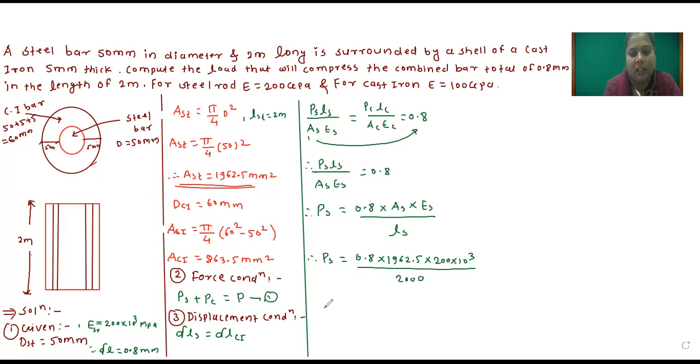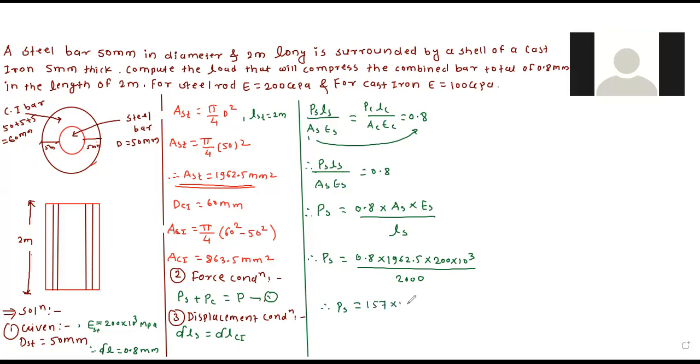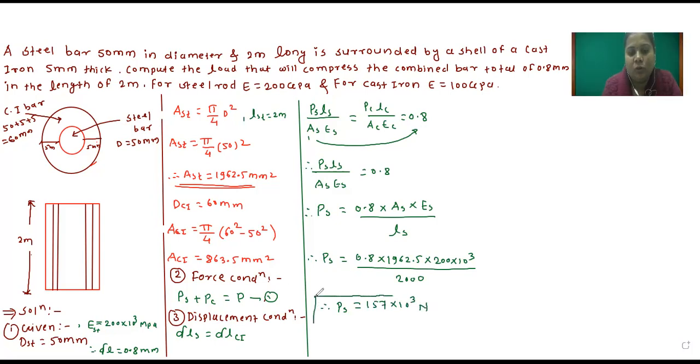So calculate and tell me load taken by steel rod. It is 157 into 10 raised to 3 Newton. Okay, so that much load is taken by steel rod.